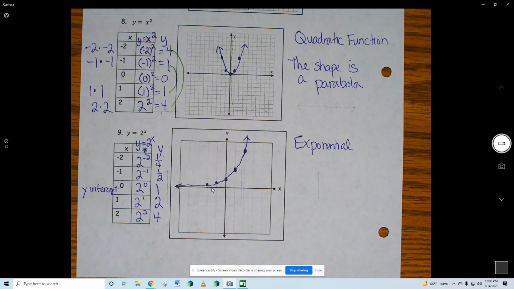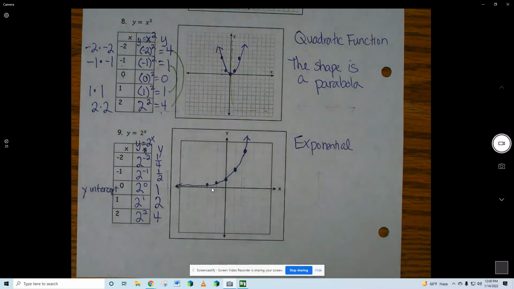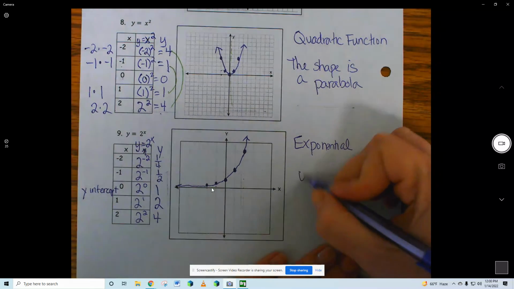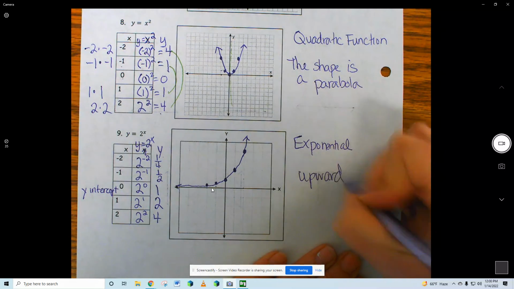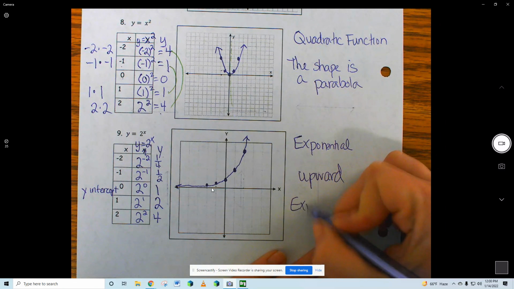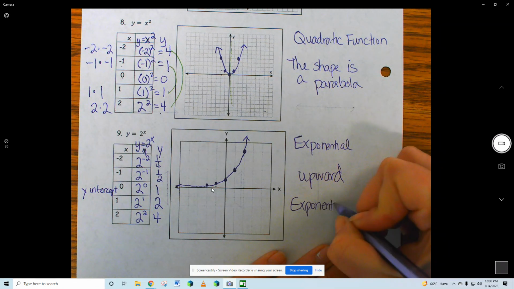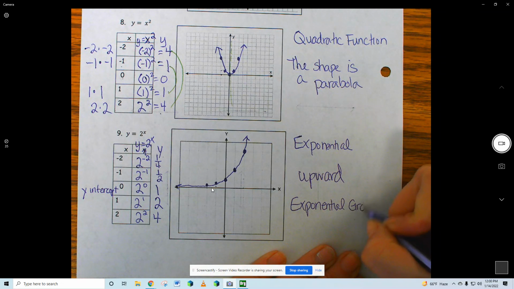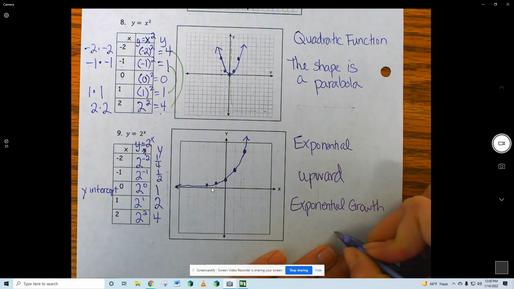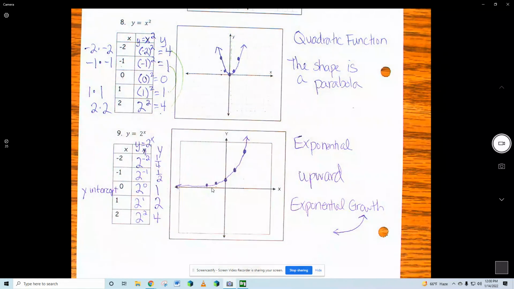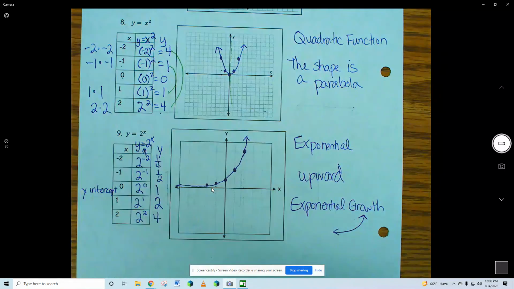So, exponential, this one is upward. See how it's going in an upward direction? And I call this exponential growth, because it's going up. Good job.